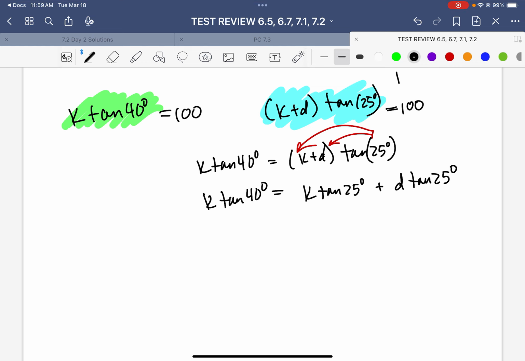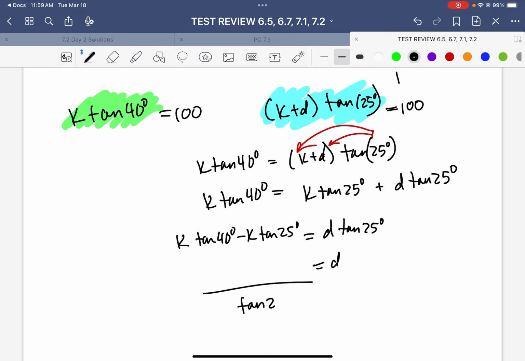And so that means when I go here, I get that K tangent of 40 minus K tangent of 25, and you're going to see that I know it here in a second, is equal to D tangent of 25. So that means that D is equal to all this stuff divided by the tangent of 25, right?